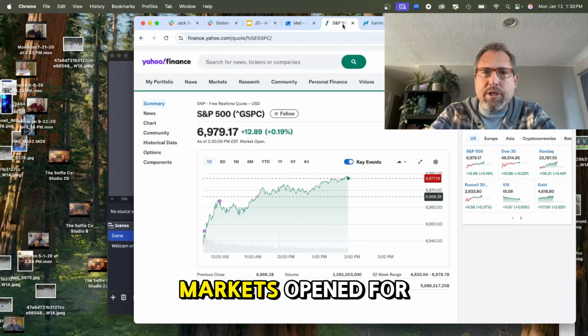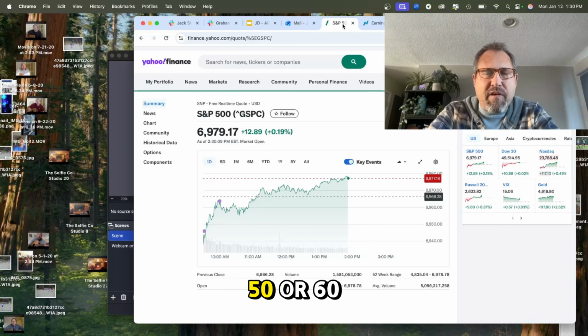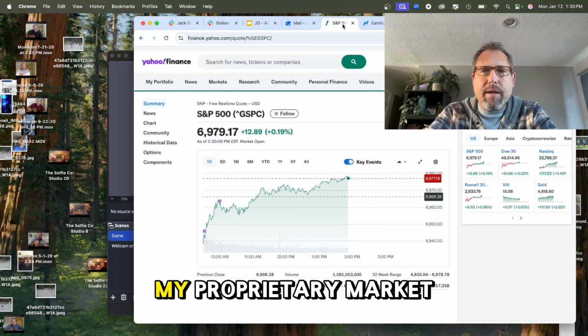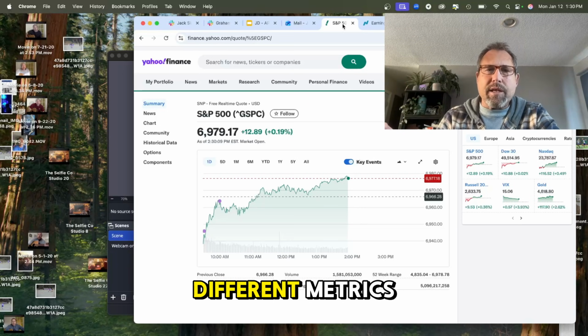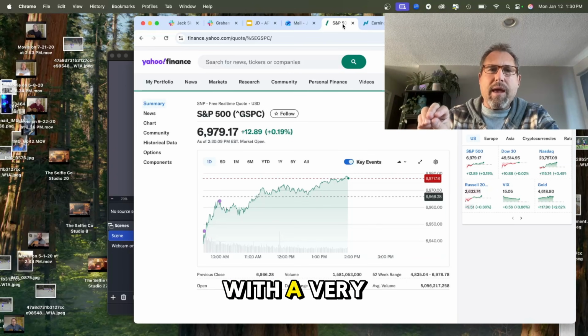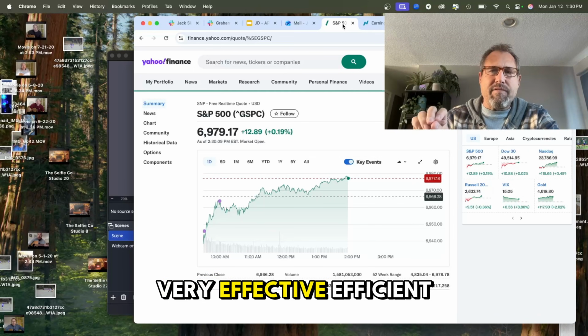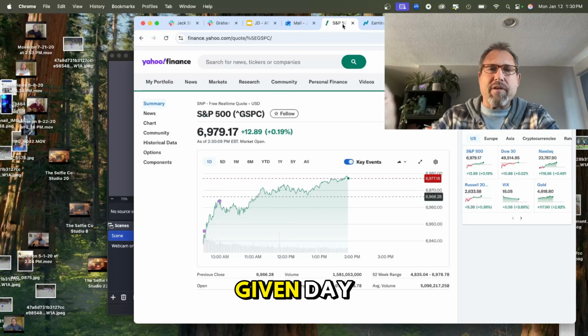Because when the markets opened for futures trading Monday morning, the S&P 500 futures were down some 50 or 60 basis points. Compare that to my proprietary market scorecard, which utilizes 8 different metrics, blends them all together to come up with a very effective forecast for what's going to take place in the markets on a given day.